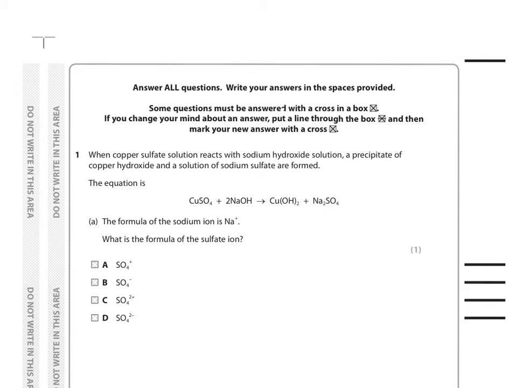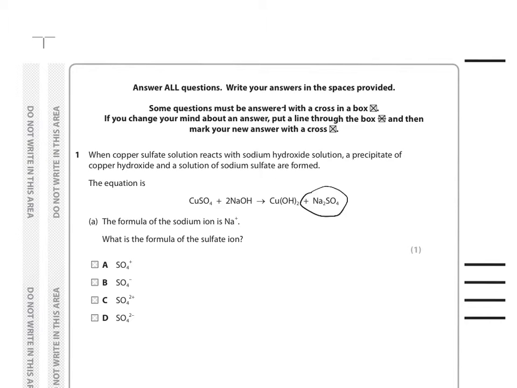Well, in order to answer that, you should know the formula of a sulfate ion anyway, but sulfate goes around with sodium and it goes around with 2 sodiums. So sulfate is sulfur with oxygen. That's what the 8-bit means. It's sulfur with oxygen, and sulfur goes around with 4 oxygens.